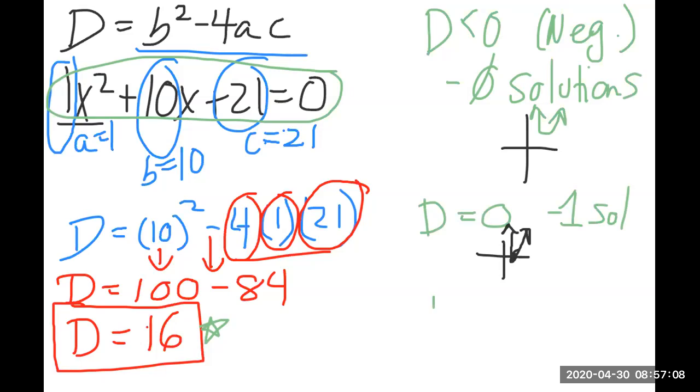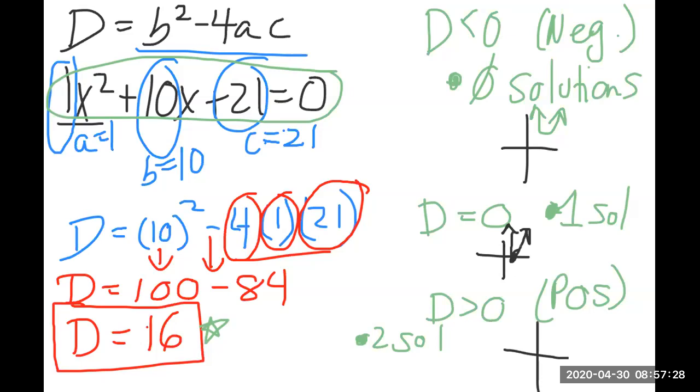And if D is greater than 0, which means that the discriminant is a positive number, make that a dot so it looks like it's positive. So 0 solutions, 1 solution. This is where we're going to have 2 solutions. And remember, that graph is going to look something like this, where we hit the x-axis 2 times.